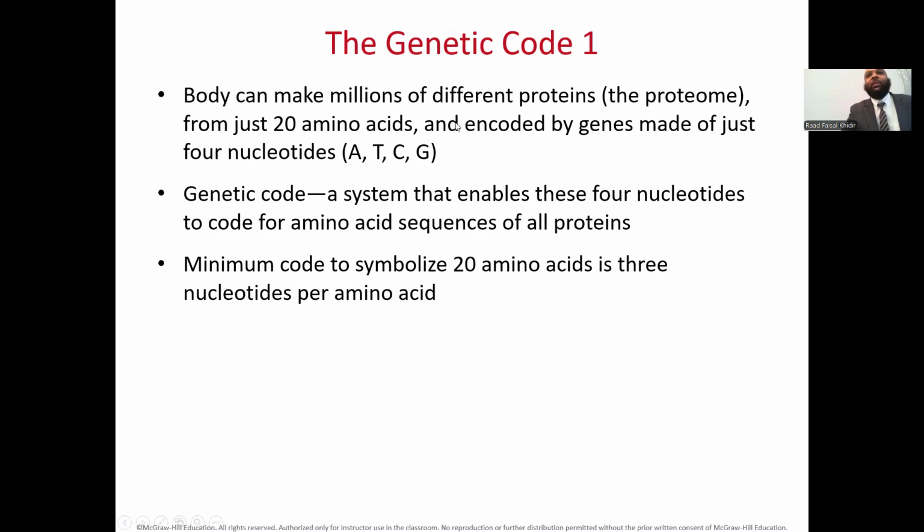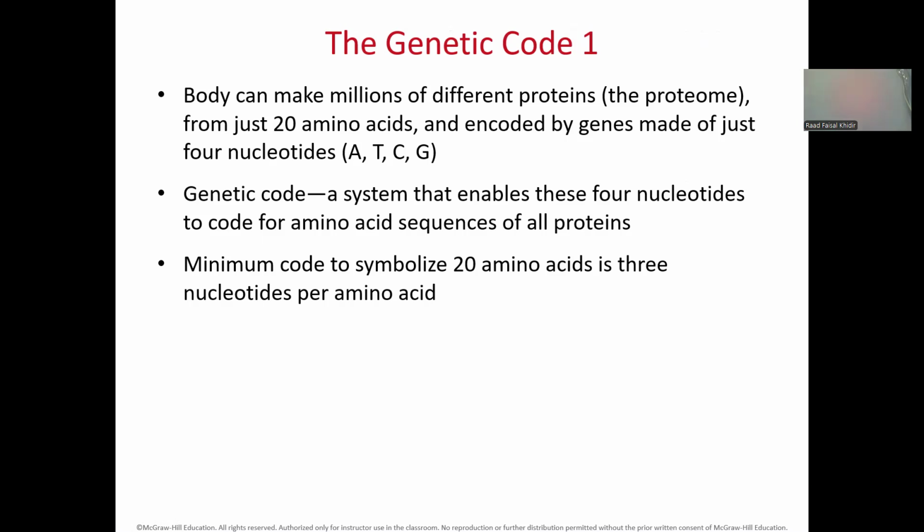So the body can make millions of different proteins. Proteomes are the proteins that we get, and we try to link them to which genes make which proteins. The genetic code is a system that enables these four nucleotides to code for amino acid sequences of all the proteins. The minimum code to symbolize 20 amino acids is 3 nucleotides. That's very important. So each amino acid is coded by 3 nucleotides.